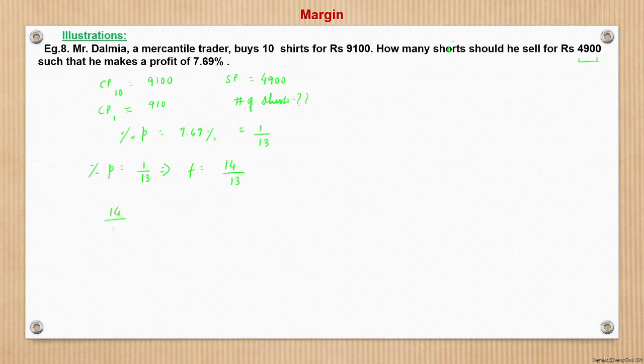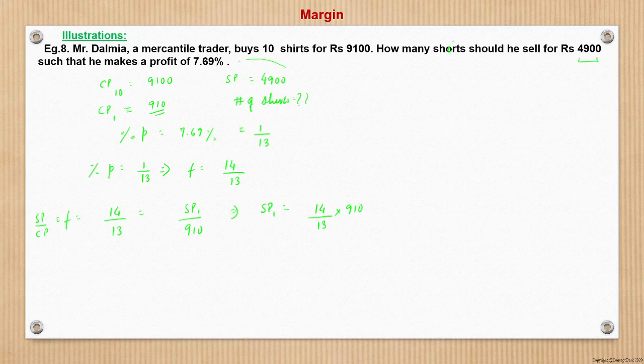So 14 by 13 I can write as SP upon CP, right? This multiplying factor is nothing but SP by CP. 14 by 13. SP of one shirt we do not know, but CP of one shirt we know is 910. So from here we can find the SP of one shirt as 14 by 13 into 910.